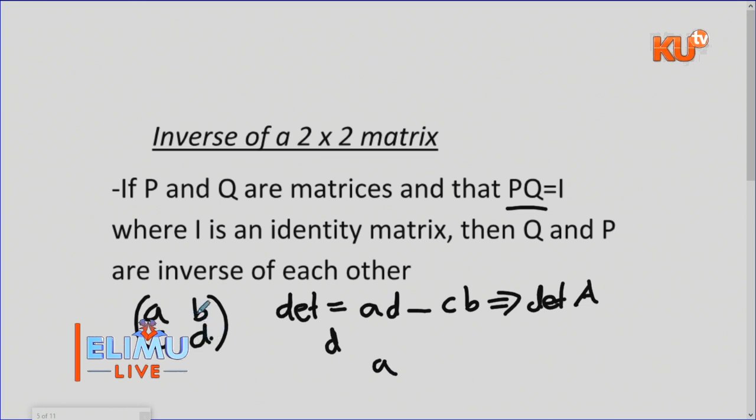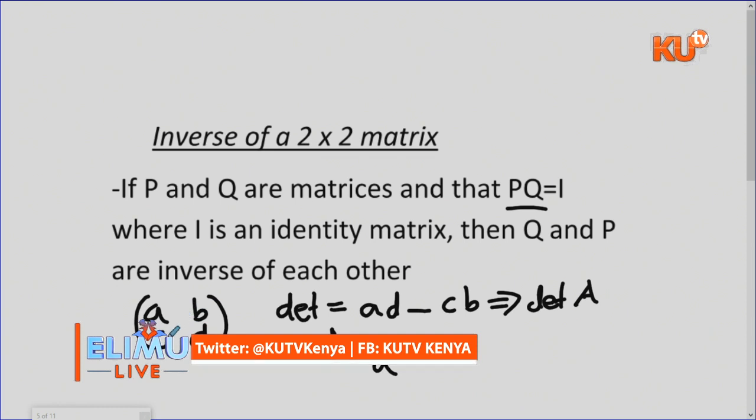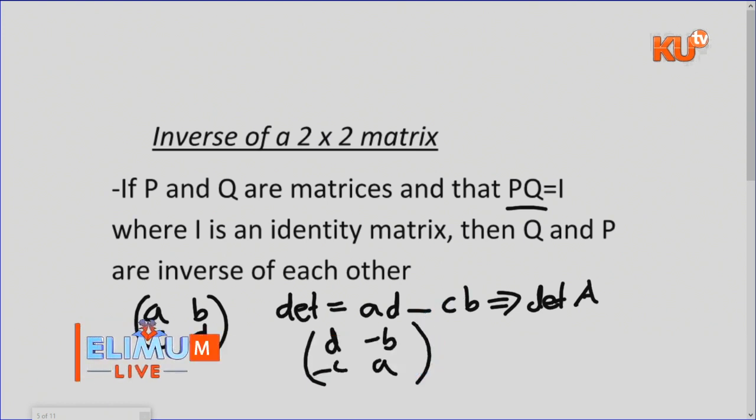Then you reverse the signs of the elements in the other diagonal. B and C are the elements in the other diagonal. Change their signs, so this becomes negative B and negative C. This is the matrix we now obtain from that arrangement.